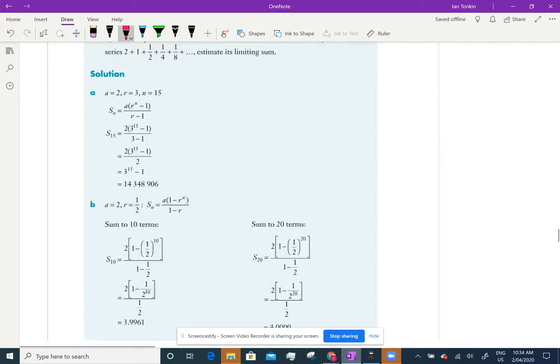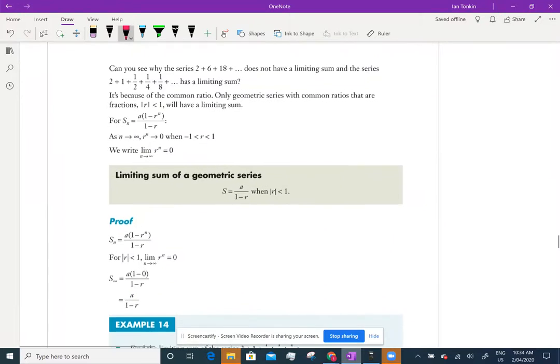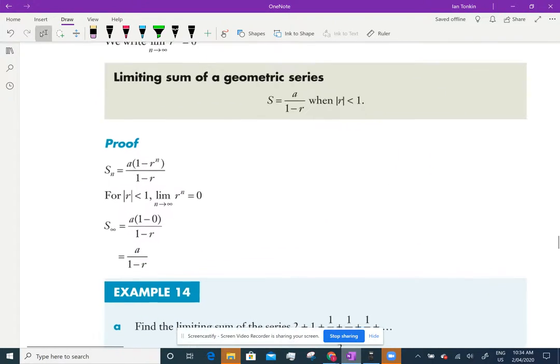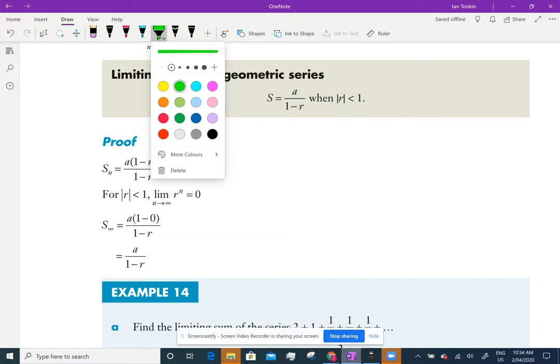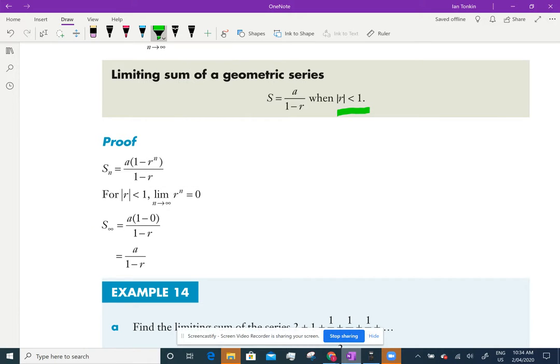So let's prove it. And Margaret does a pretty cool proof of this, so I'm just going to follow hers. The limiting sum of a geometric series, that means something that's going up. The series is getting more and more because you're adding, but you're adding by a fraction. So the first thing to note is that a limiting sum converges when the absolute value of r is a fraction, less than 1.